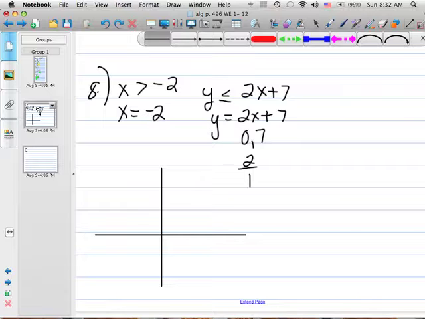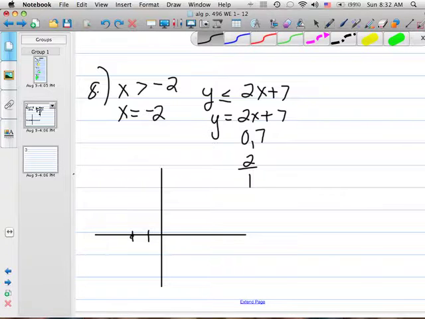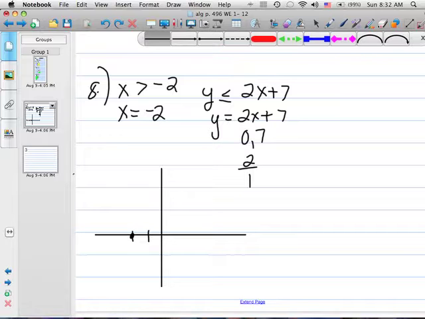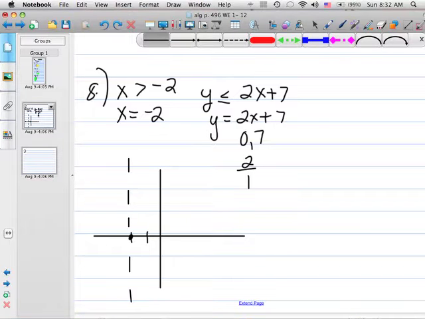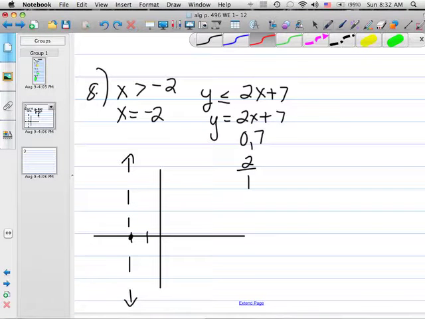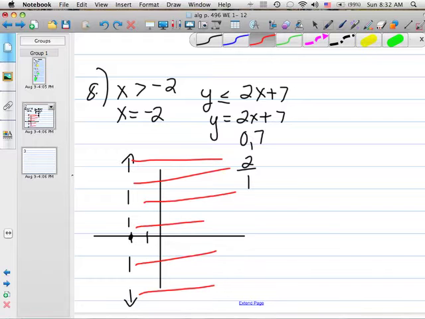So the first one, we put a point at -2, 0, and it's going to be a dashed line since it says greater than. And it's going to be shaded to the right because the x values to the right are greater than -2. So this is going to the right. Second equation, put a point on the y-axis at 0, 7. So 1, 2, 3, 4, 5, 6, 7.